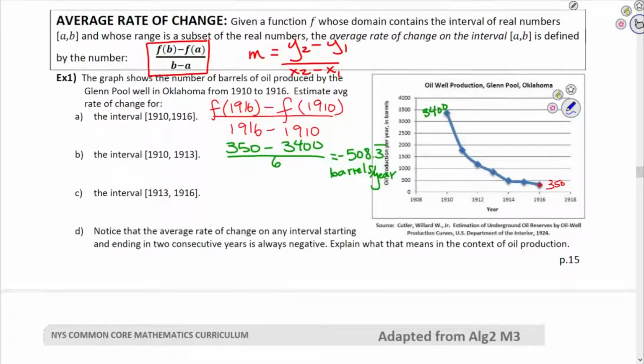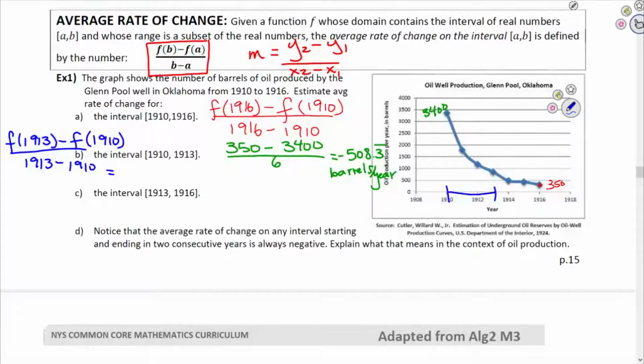Let's change the interval. Between 1910 and 1913, I'm looking at this interval right here. I use the exact same formula. I have the function value at 1913 minus the function value at 1910 divided by 1913 minus 1910.